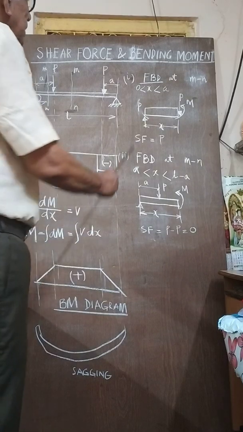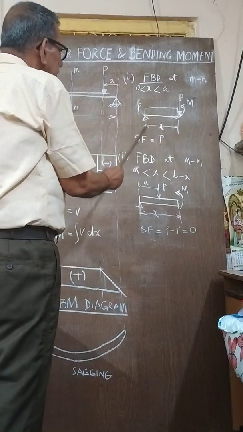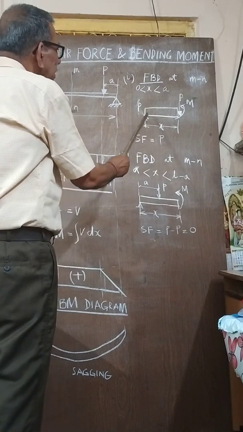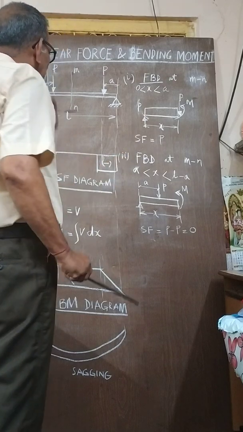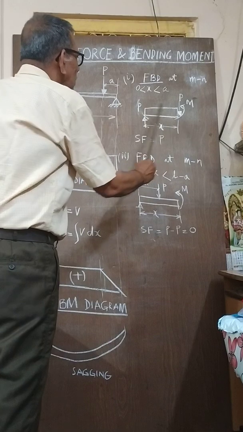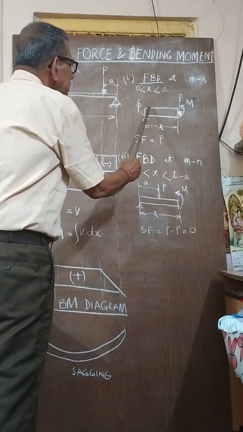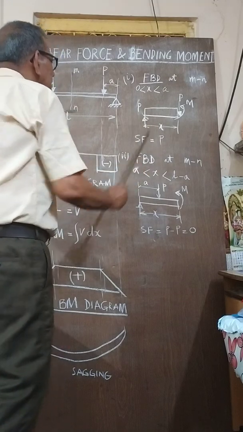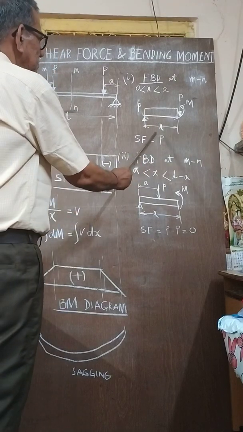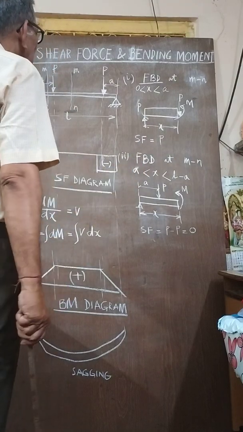So the shear force SF along x is always P. From this to this, at any point at a distance from the left hand side, the shear force is P. So this is the first segment.